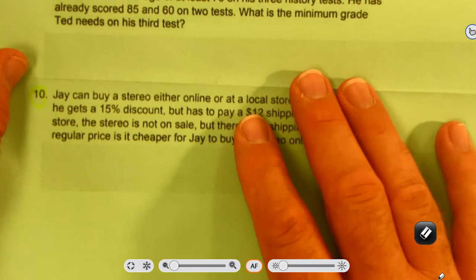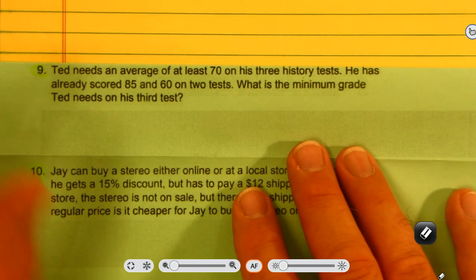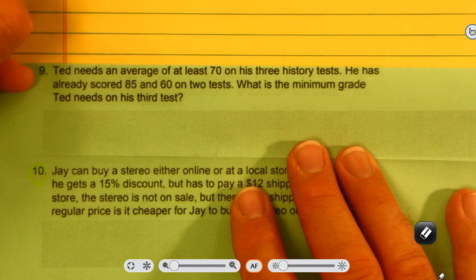All right, so Ted needs an average of at least 70 on his 3 history tests. Now, he has already scored 85 and 60 on 2 tests. What's the minimum grade Ted needs on his 3rd test? All right, so here we go, number 9.